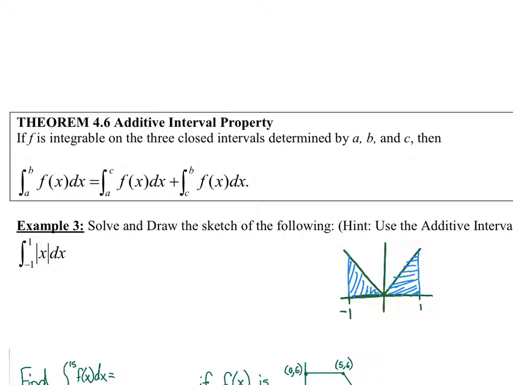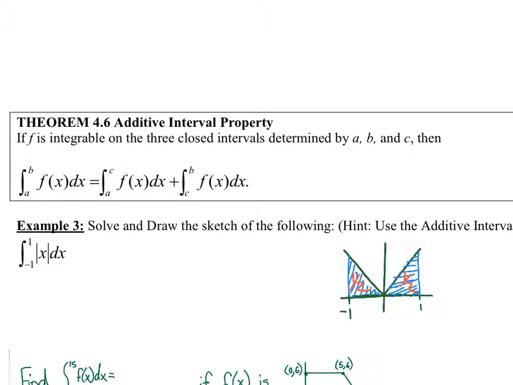You would find the area of the one side, which is a half, and then you would find the area of the other side, which is also a half. They're both above the x-axis, so it'd be a half plus a half equals 1. But let's look at that from an integration standpoint.